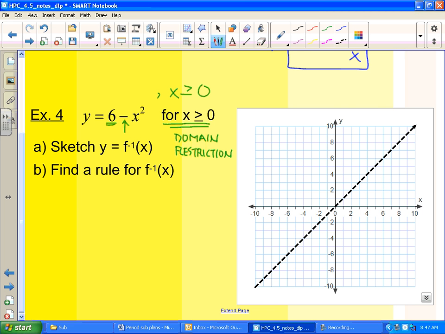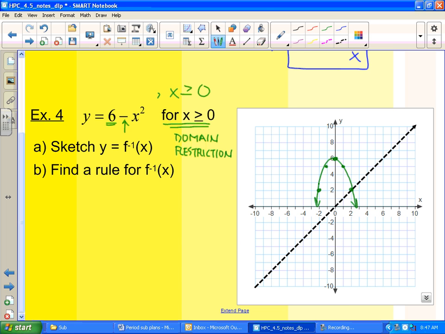It is flipped over because of the negative in front of the x squared, and it has your normal parent function movement. So a y-intercept at 6, left 1, down 1, left 2, down 4, right 1, down 1, right 2, down 4. So this is what my graph would look like, something like that, without restrictions.